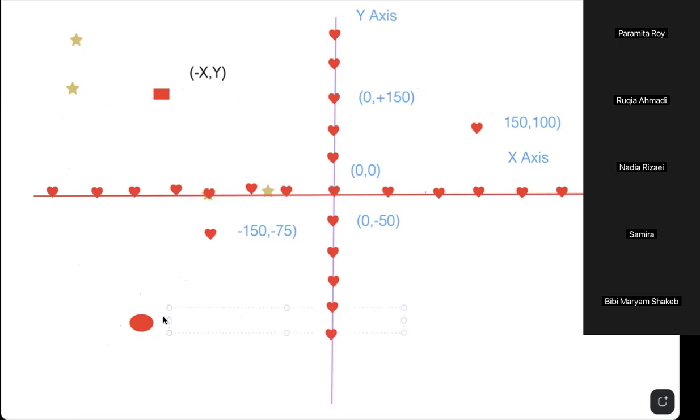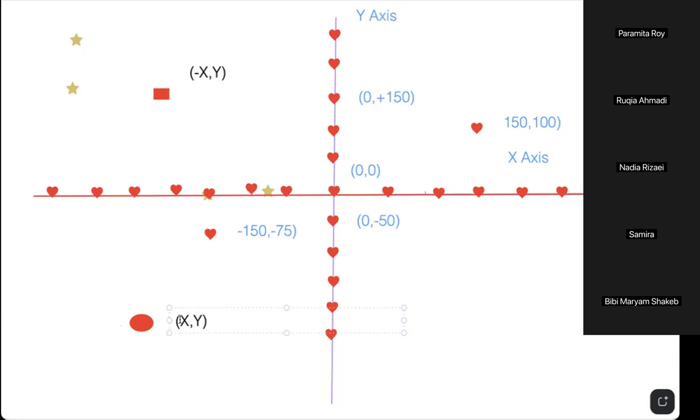Let's say we have a bracket, x value first, comma, and then the y value. Now you tell me, what will be x, positive or negative? Teacher, here x is negative and also y negative.